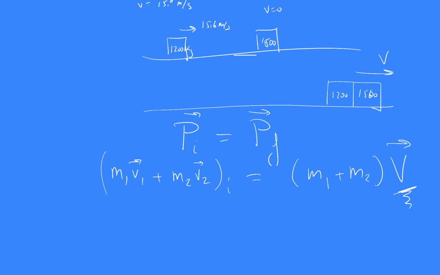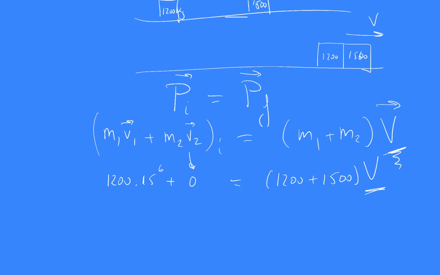Everything is happening in the x direction. m1 is 1,200 kilograms, and the magnitude of v1 is 15.6, plus 0 because object 2 is at rest, equals m1 plus m2, 1,200 plus 1,500, times the common velocity.